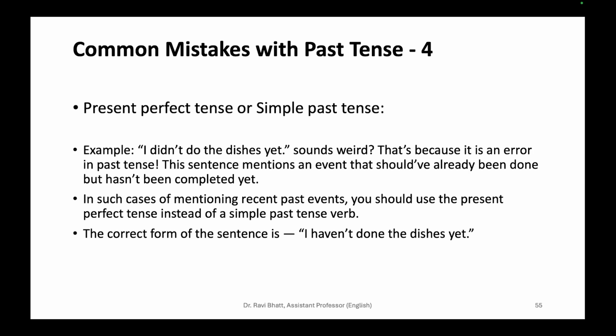Okay, so there are cases where we'll be mentioning recent past events, and where present perfect tense is used rather than simple past tense verb. Okay, that is not used. So the correct grammatical variation would be that I haven't done the dishes yet.